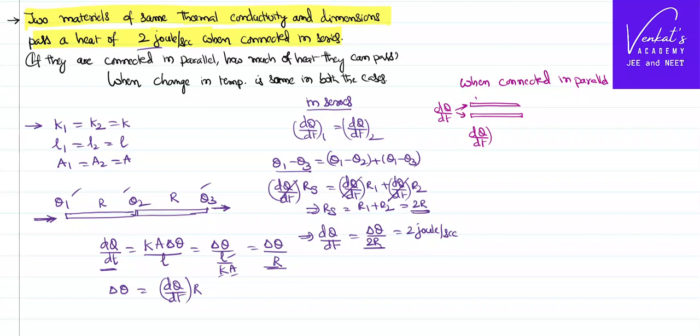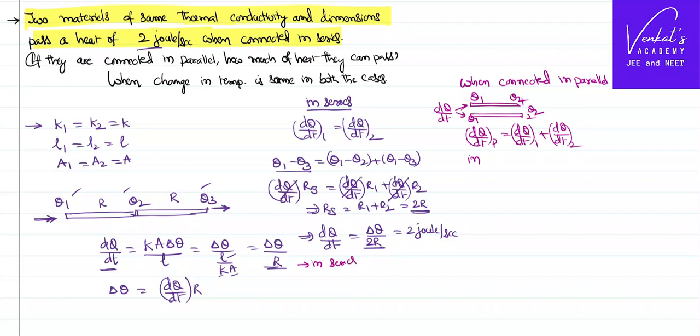So the total dq by dt of the parallel combination is dq by dt of the first case and dq by dt of the second case when this is 1 and 2. But be careful, both the ends will have same temperature.